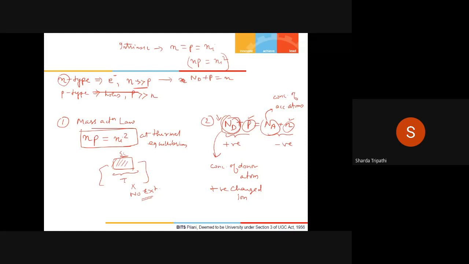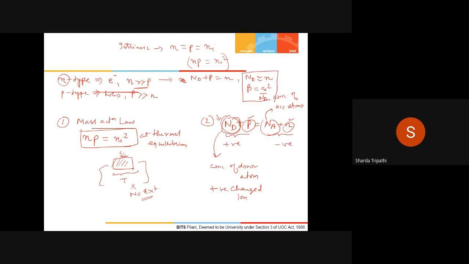And secondly, we also know that since N is much greater than P, therefore I can simply say that Nd will be approximately equal to small n. So if Nd is approximately equal to small n, I can find out the value of P, however small it may be, by using the mass action law. So this will be simply equal to Ni square divided by Nd.